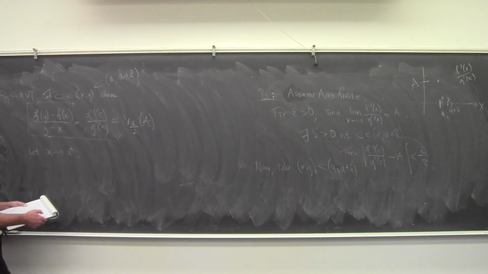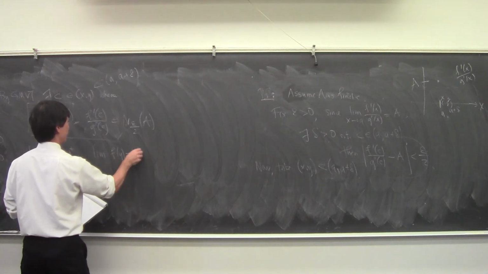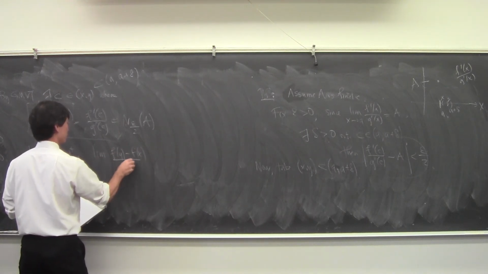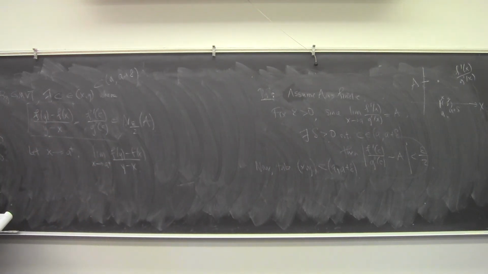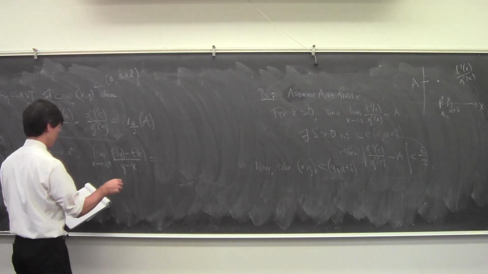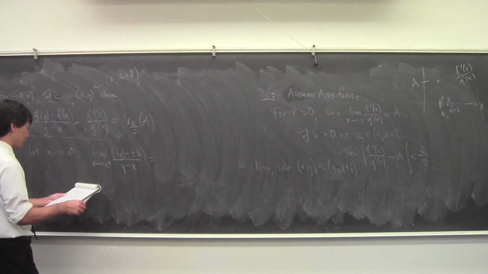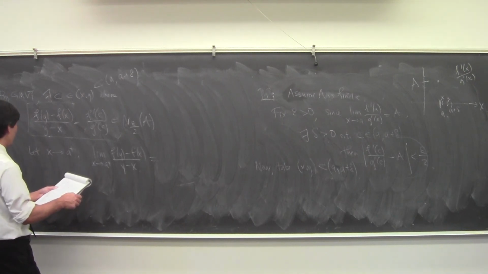Okay, so we take the limit of f of y minus f of x over y minus x as x approaches a from the right-hand side. Well, that's going to be... what am I writing?